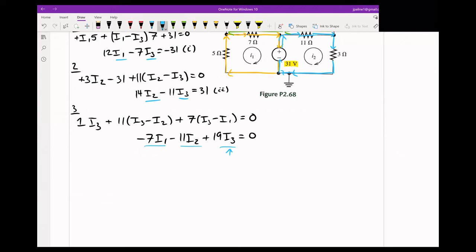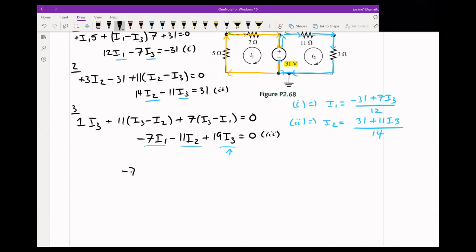So I1 is going to be equal to negative 31 plus 7I3 over 12. And if I take equation 2, I2 is equal to 31 plus 11I3 over 14. And I'll plug those into equation 3 here.